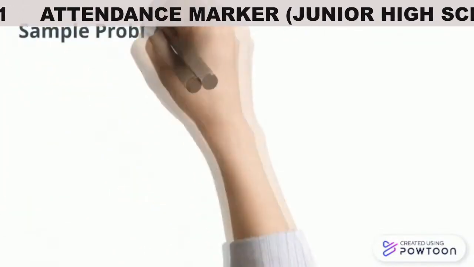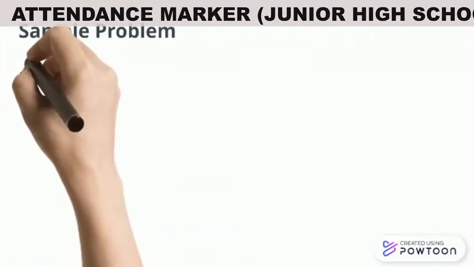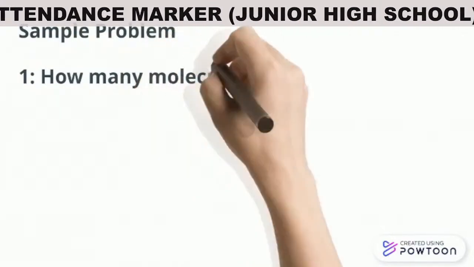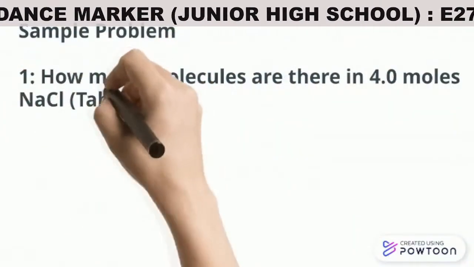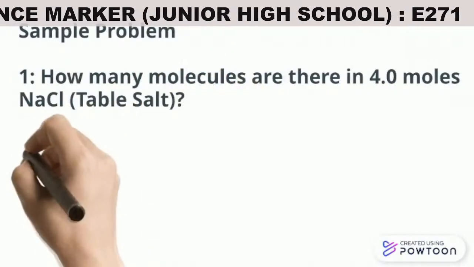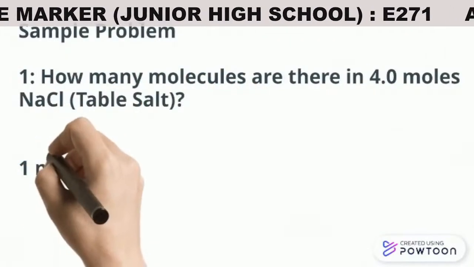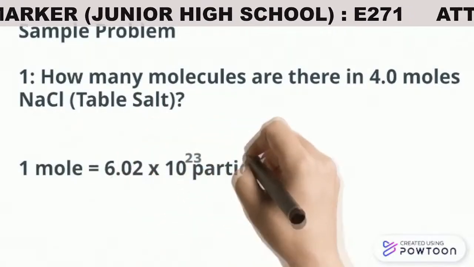Sample problem number 1. How many molecules are there in 4 moles NaCl or table salt? To answer this question, you have to consider this. 1 mole is equivalent to 6.02 times 10 to the power of 23 particles.